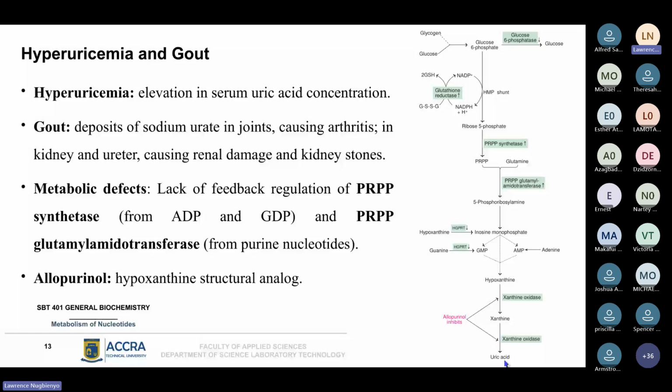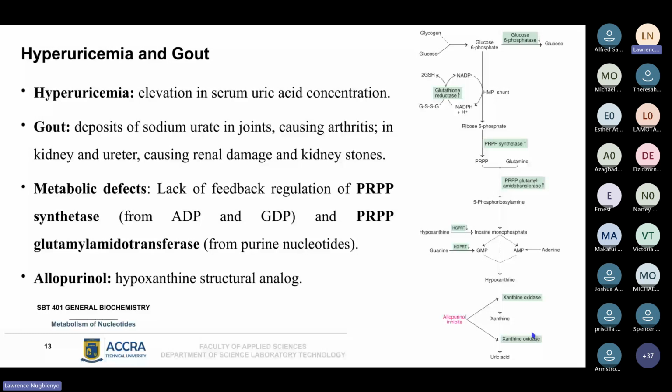But we have the drug allopurinol, which is an inhibitor of xanthine oxidase. That is a drug which is used for the management of hyperuricemia and goutic arthritis, where the allopurinol acts as a structural analog.